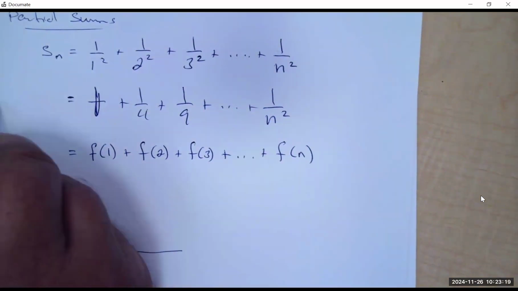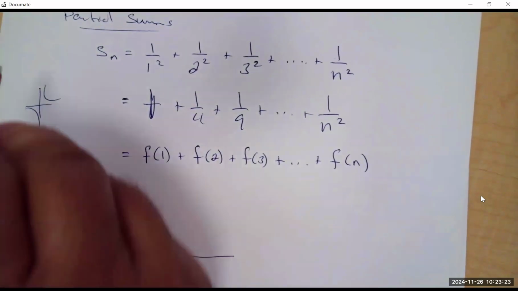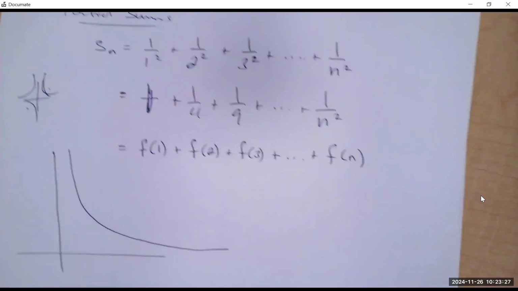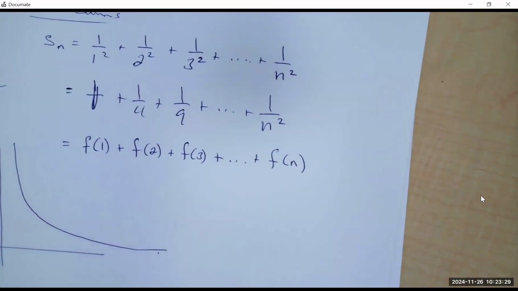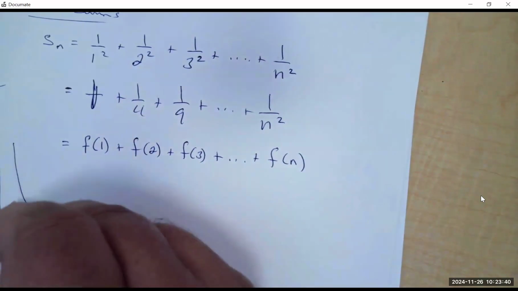The function 1/x squared looks like this from algebra. I know if x squared is like this, a parabola, 1/x is this, 1/x squared is that. We're only going for the positive side. So what we're looking at here, when x is 1, when x is 2, when x is 3, when x is 4, when x is 5.